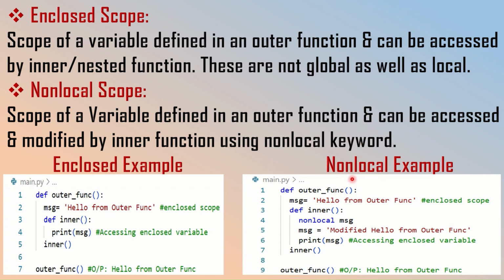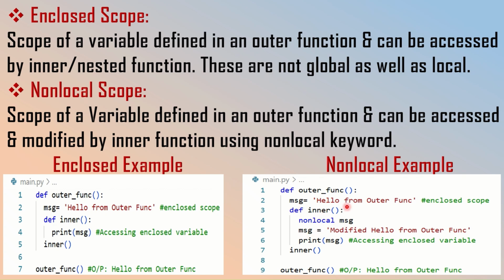Here I have given the example for nonlocal. It is the same example, but with a slight difference. Here I have the outer function, wherein I have declared one variable named message and assigned a value to it. I have declared an inner function inside this outer function, and then I have redeclared the variable with the nonlocal keyword. After that, I modify the value of the message variable.